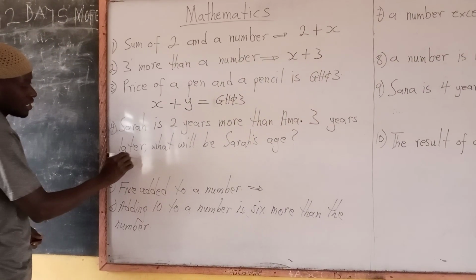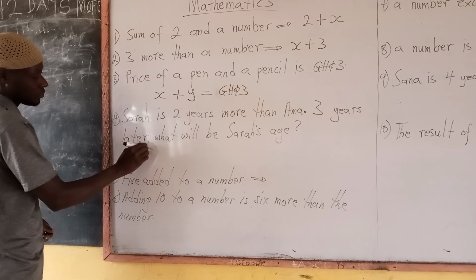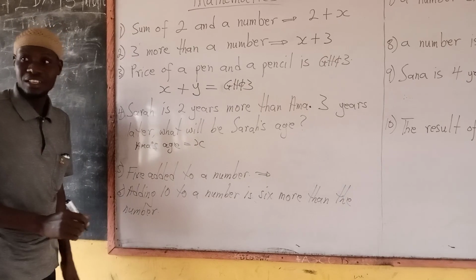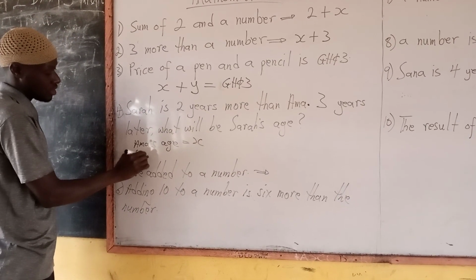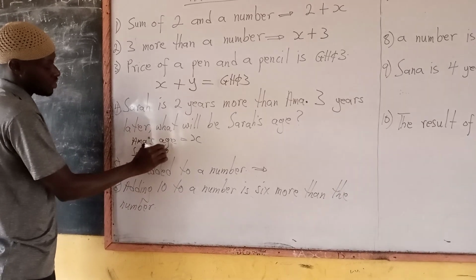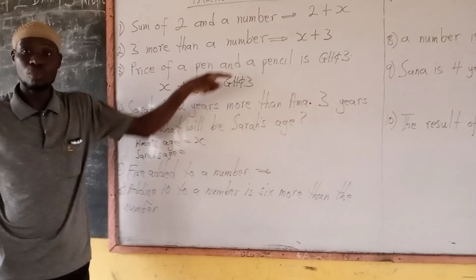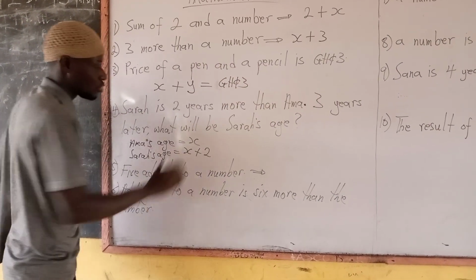If Amma's age is equal to x, then Sarah's age, which is 2 years more than Amma, will be x plus 2.